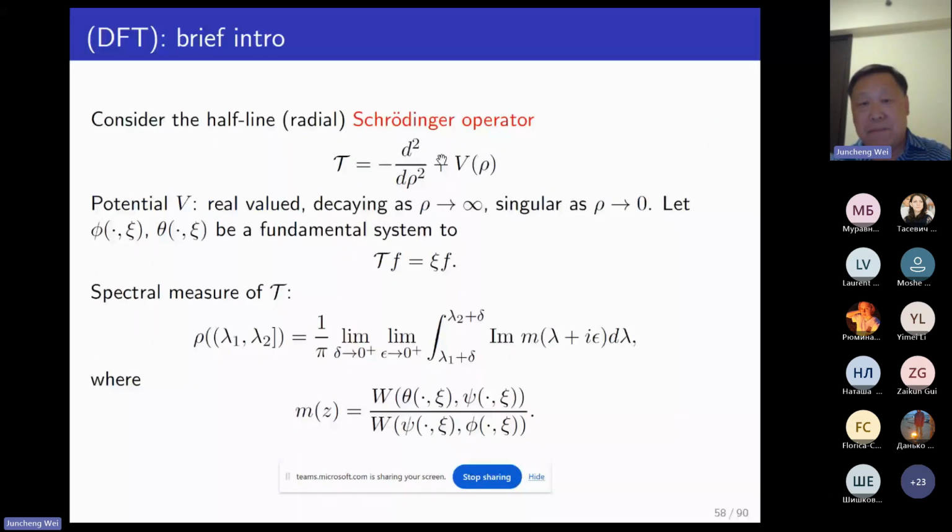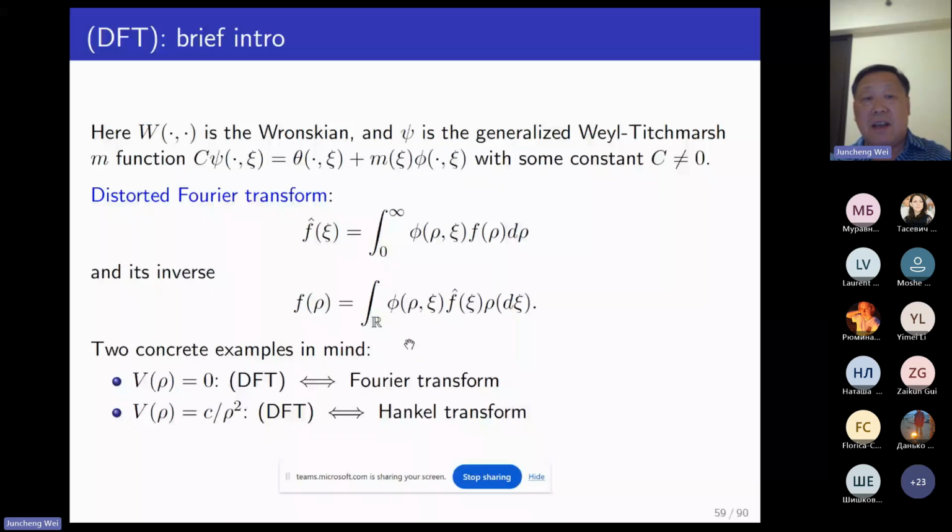With this spectrum measure, you can define a distorted Fourier transform, which is almost like the same Fourier transform. You can also recover your f by this.